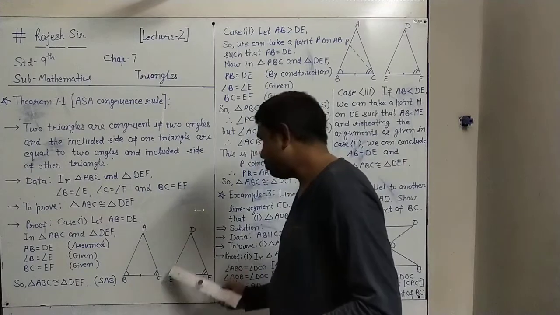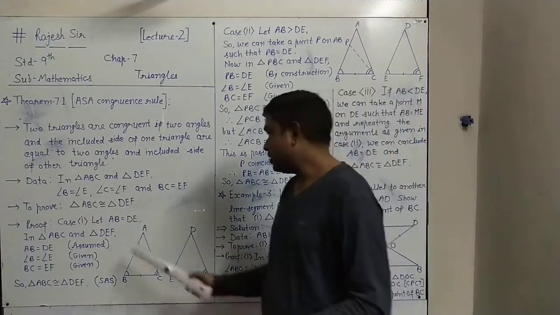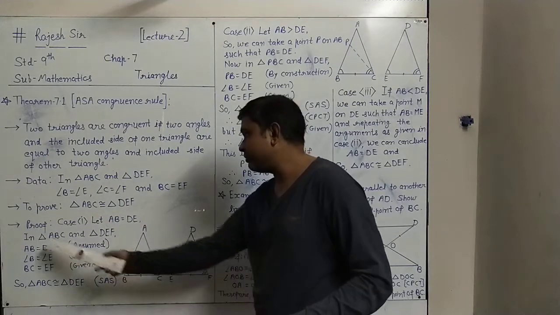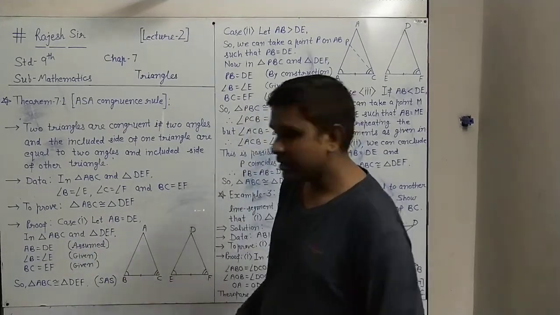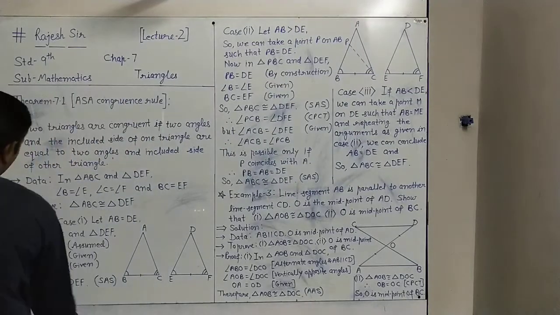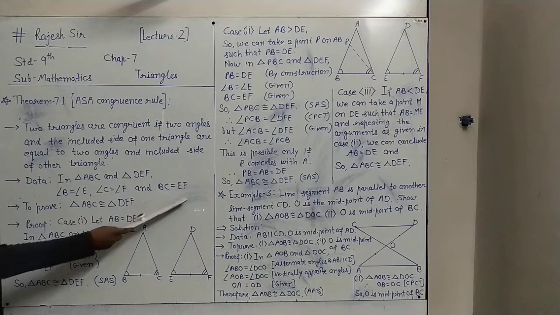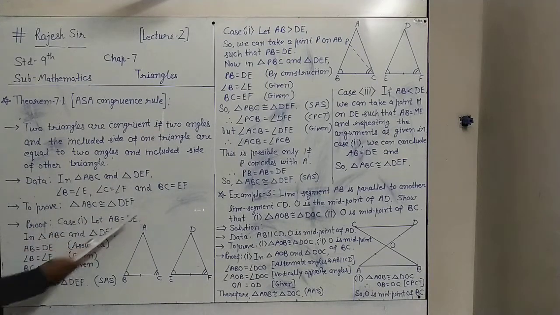Then, if we compare the two triangles ABC and DEF and list the equal things: first, AB equals DE, which is assumed. Angle B equals angle E, it is given. Side BC equals EF, it was also given in the data.